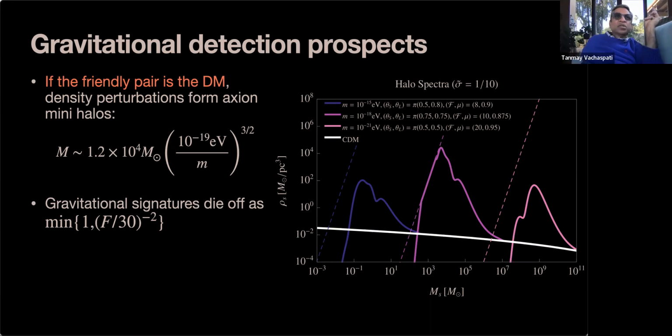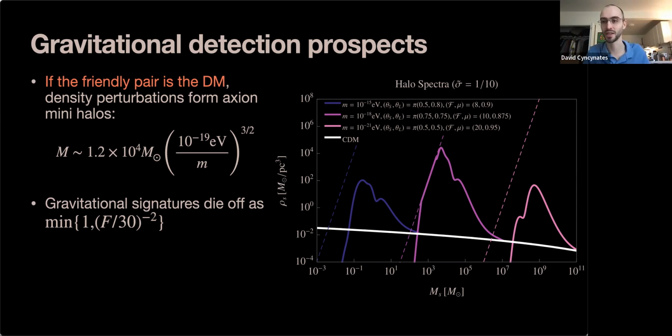There are all sorts of mechanisms that enhance the relic abundance of axions. This is just one such mechanism that also points to where to find others. That's kind of the nice thing about this.